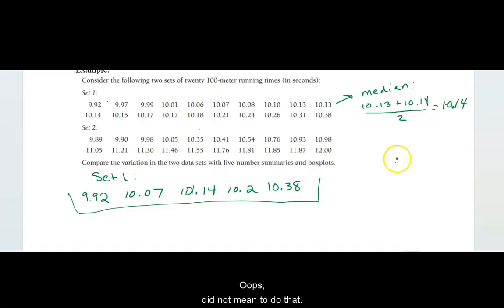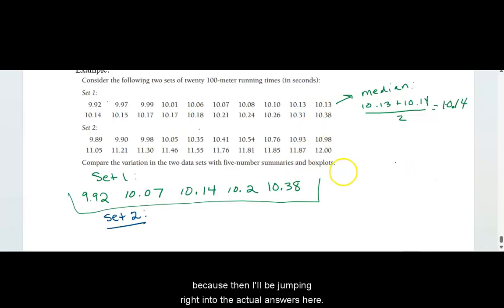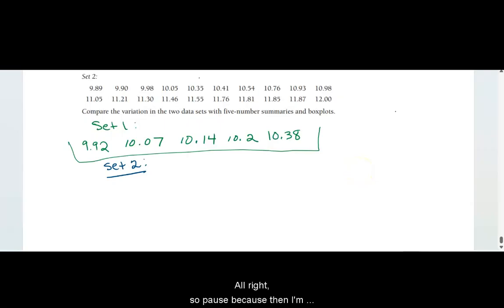See what you get for set 2. So pause the video and find the 5-number summary for set 2. Once you're done, unpause because then I'll be jumping right into the actual answers here. All right, so pause because then I'm going to come back.